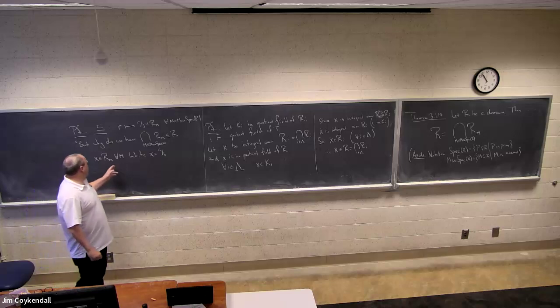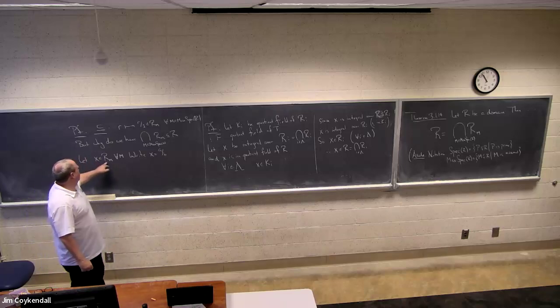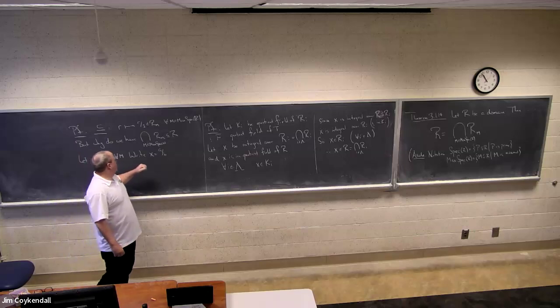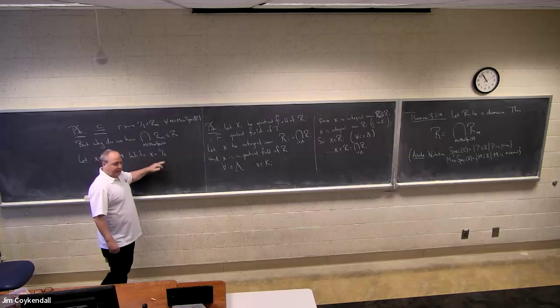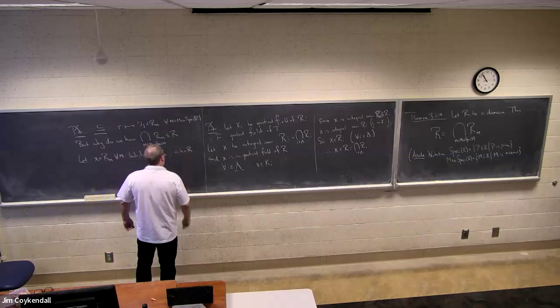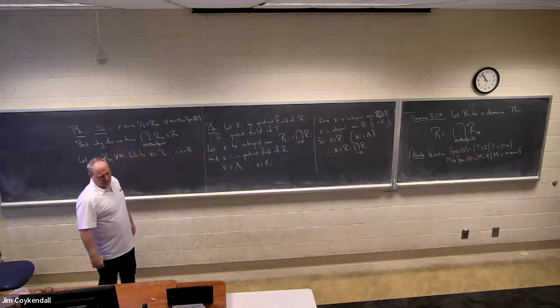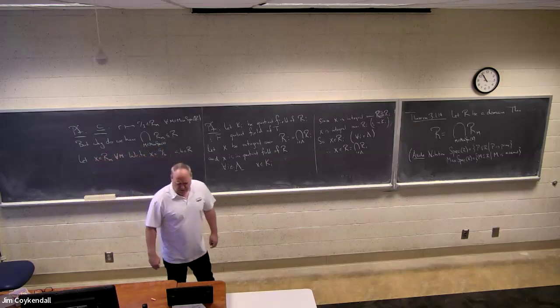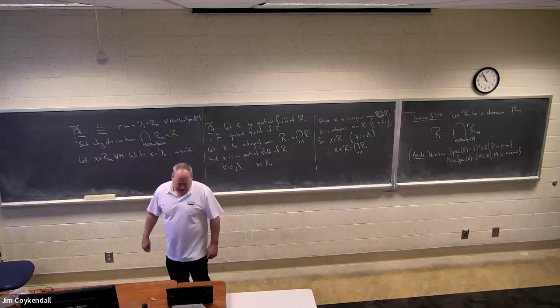As Bradley points out, suppose we have X in R_M for every M. We can write X as a fraction, A over B, with A and B in R. Now, I'm going to form the following ideal.